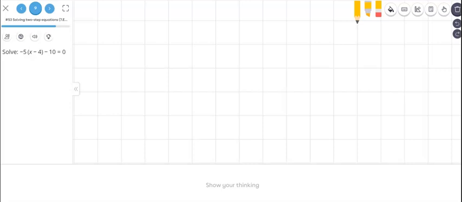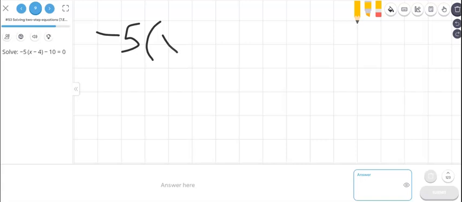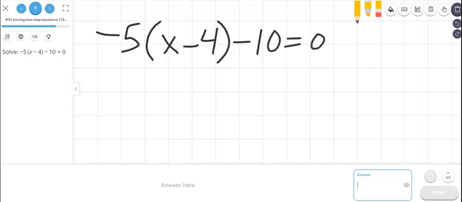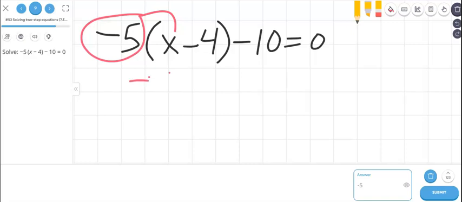Alright, this is a little spicy one, but you guys can handle it. I know you can. So I wrote out the problem. First thing I would do is go ahead and distribute. Negative 5 times x is negative 5x.